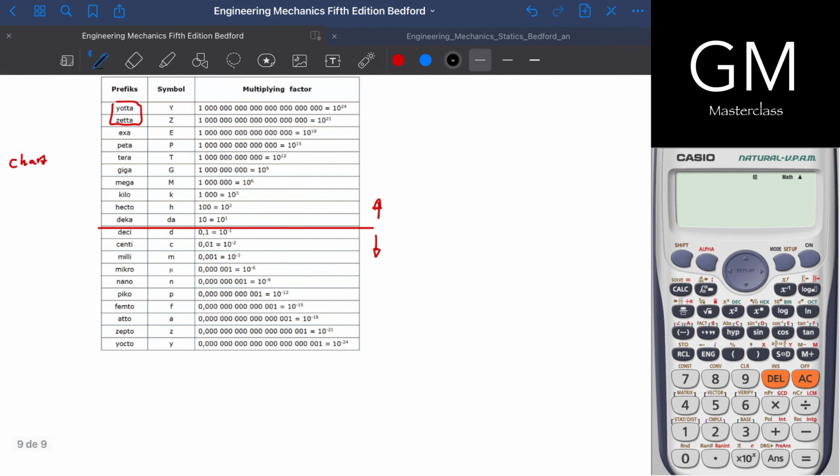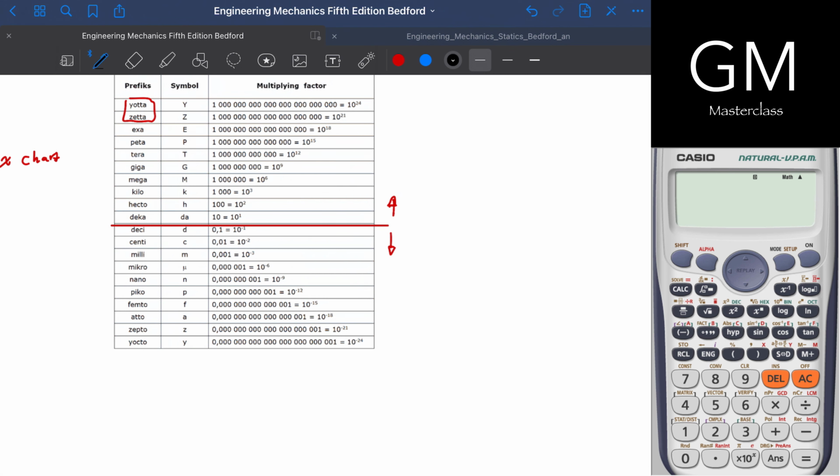Deci will have the value of 10 to the minus 1 power. Centi, in that order, to the minus 2. Milli, to the minus 3. And starting from that point, I'll add 3 by 3.